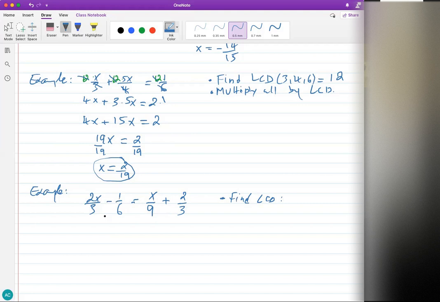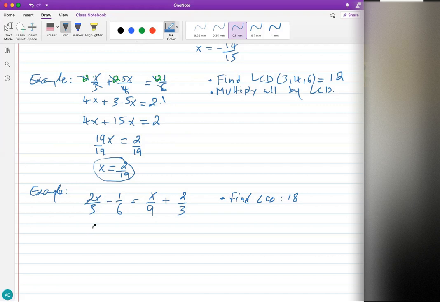What would that number be that all of these can go into evenly? 18. That's right, 18 is the perfect denominator, the least common denominator. Proof is all these go into it. Good, so we have that.